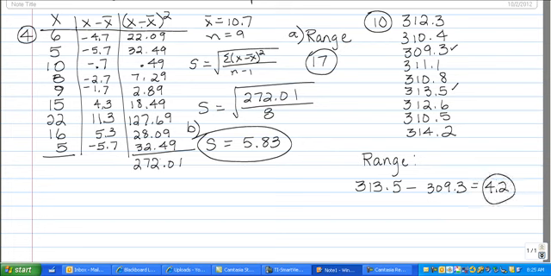Okay, and I'm not getting the right answer. So that means either I copied a number wrong or I identified the wrong one. Oh, there's a larger one, 314.2, so let me correct that. 314.2 minus 309.3.